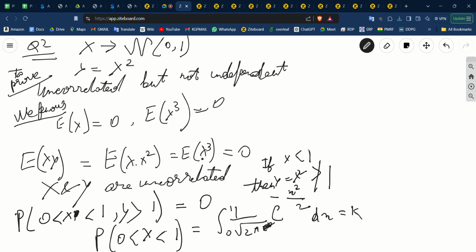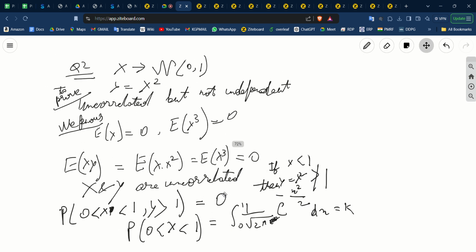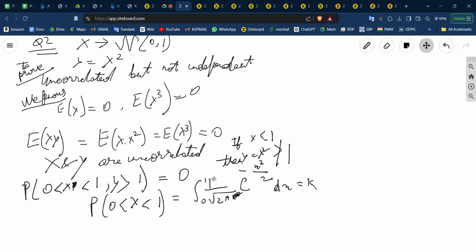We are not evaluating the integration, we are keeping it as it is, because the numerical value is immaterial for us. And what is P of y greater than 1?